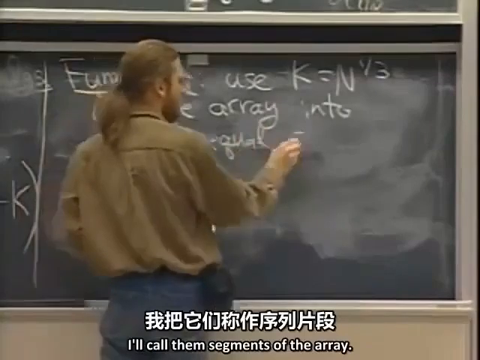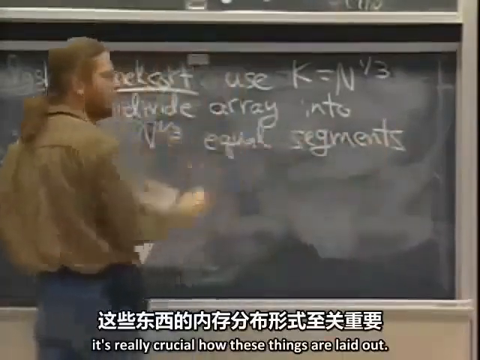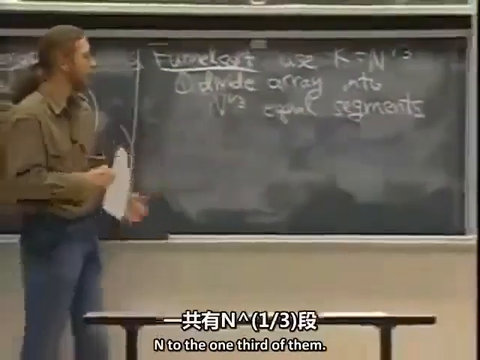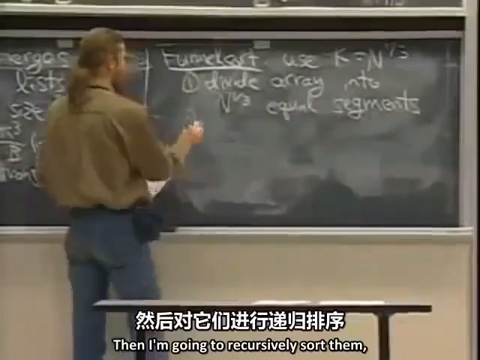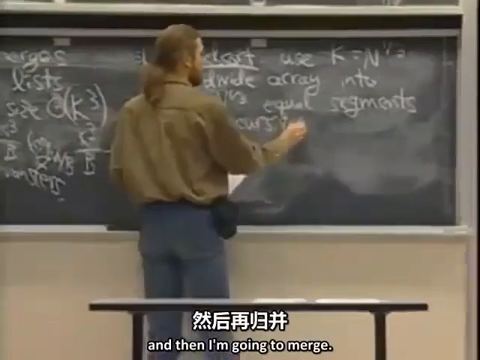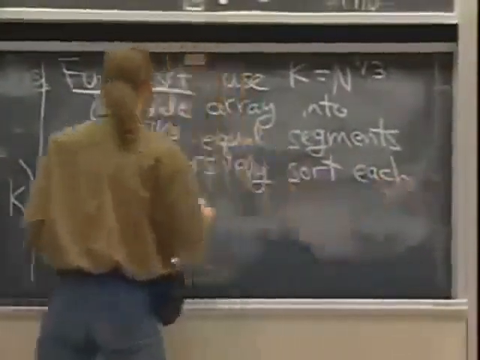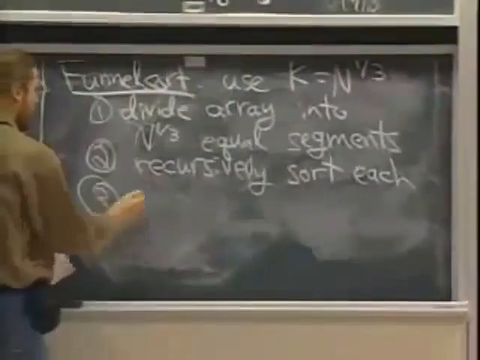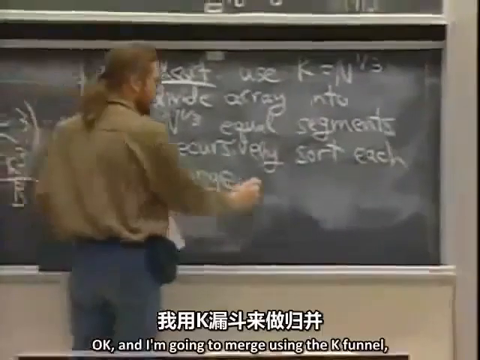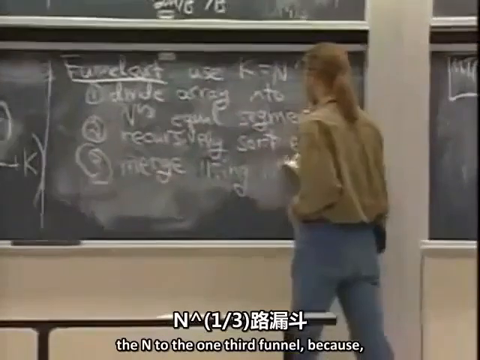I'll call them segments of the array. For cache oblivious, it's really crucial how these things are laid out. We're going to cut and get consecutive chunks of the array, n to the 1/3 of them. Then I'm going to recursively sort them, and then I'm going to merge. I'm going to merge using the k funnel, the n to the 1/3 funnel.